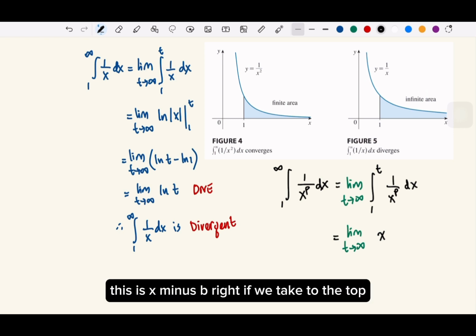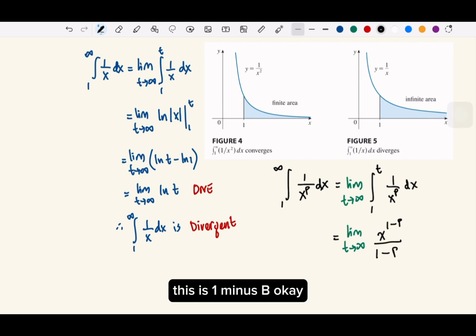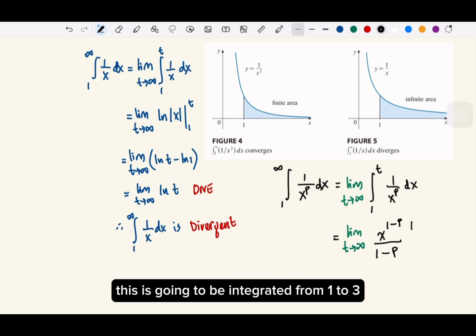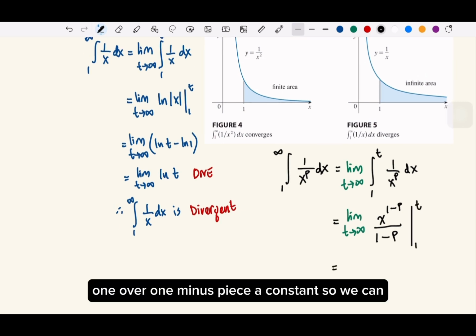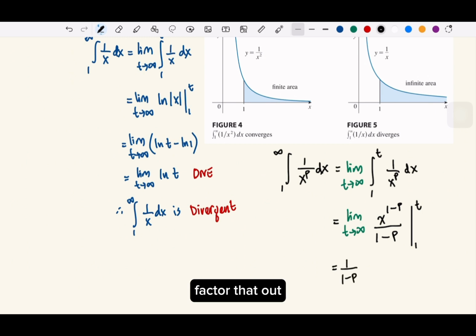This is x to the minus p, right? If we take it to the top, this would be minus p plus 1, or 1 minus p. This is 1 minus p, which we integrate, so we add 1, right? This is going to be integrated from 1 to t. 1 over 1 minus p is a constant, so we can factor that out.